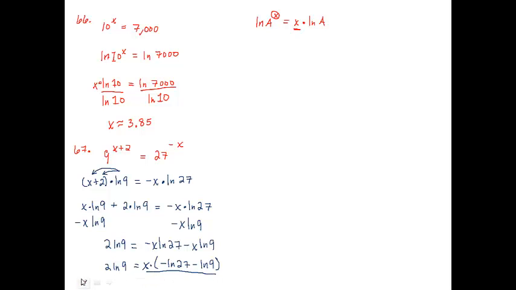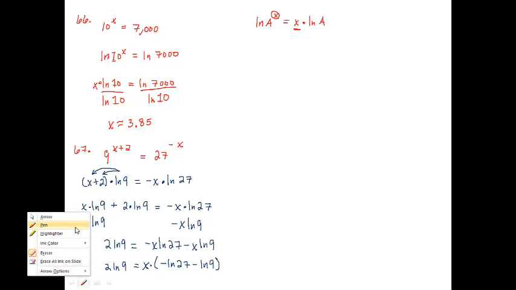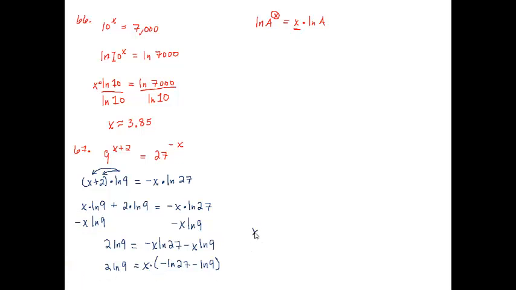I think I need to move over, so let me move over. So I have x equal to 2 times the natural log of 9 divided by negative natural log of 27 minus the natural log of 9.